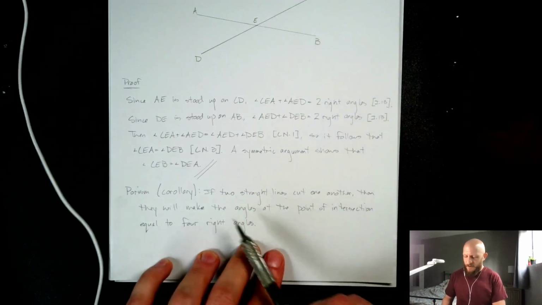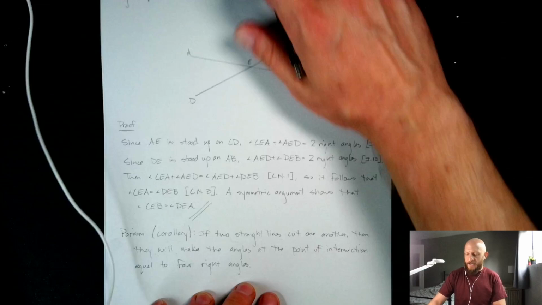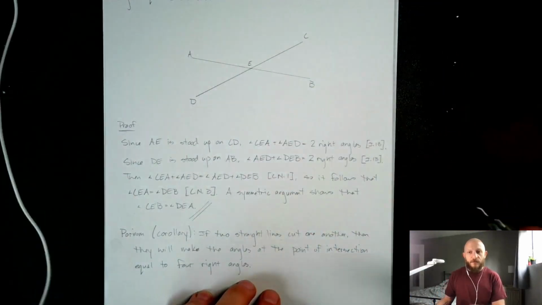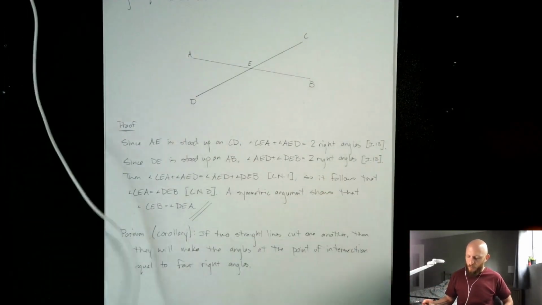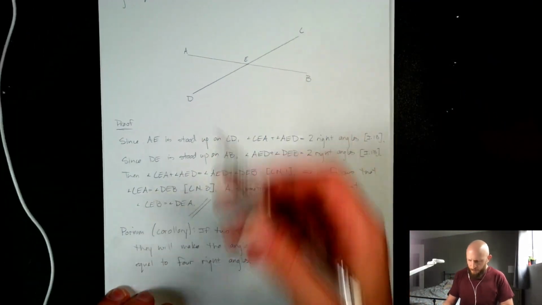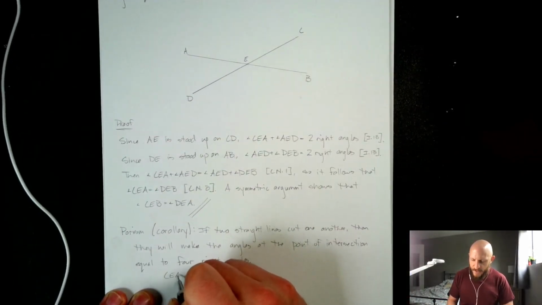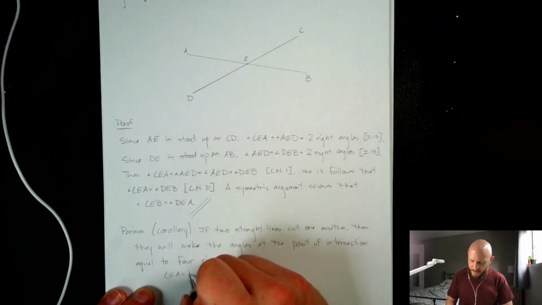All right, so how does this follow from the proposition? If two straight lines cut one another, they make four angles. If we were to add up all of these four angles, it would be equal to four right angles. And since it's a corollary, this is based off of proposition 15. So proposition 15 gives us what? That CEA equals DEB.